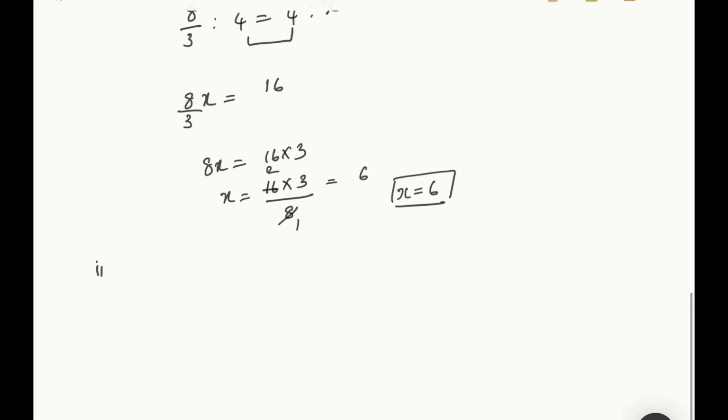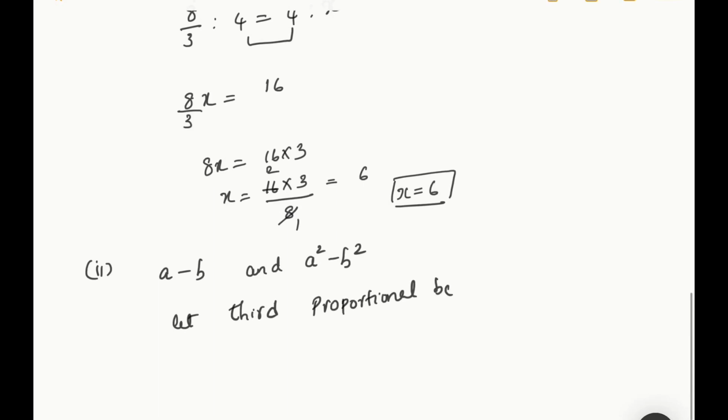Now coming to the second sub question. a minus b and a square minus b square. Let the third proportional be x. So a minus b is to a square minus b square equals a square minus b square is to x. Right?